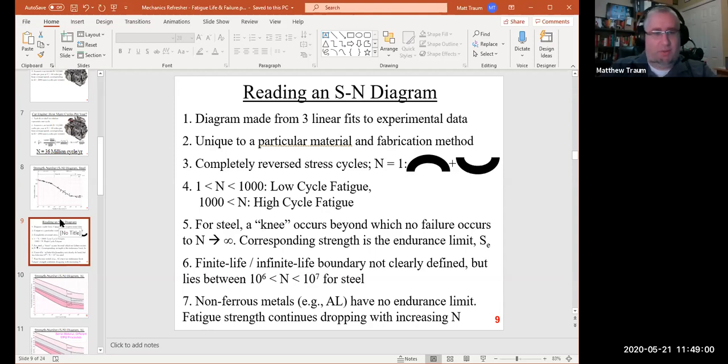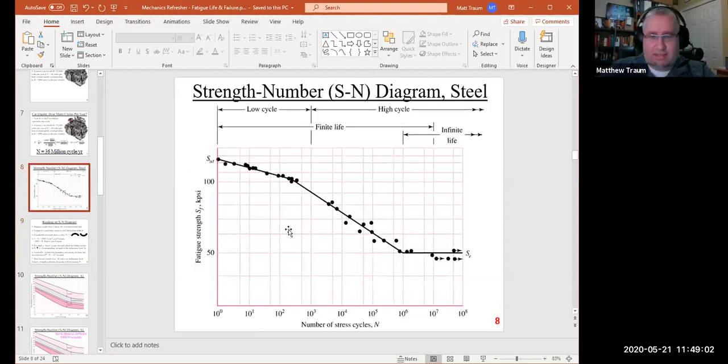So yeah, what they'll be looking for in the test is this change in the data, right? So you can see, like, here's the data that's associated with when you're in the high cycle, right? So you've passed 10 to the 3rd, but the fatigue strength continues to drop. And then you'll reach this point that I described as a knee, where that fatigue strength will no longer drop.